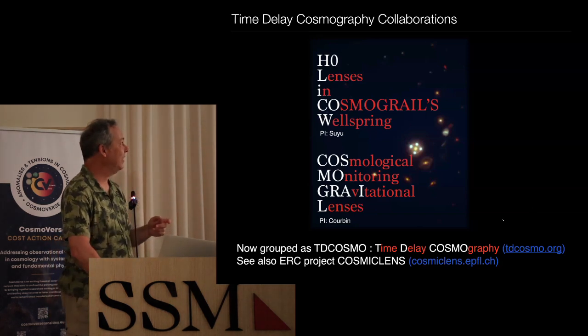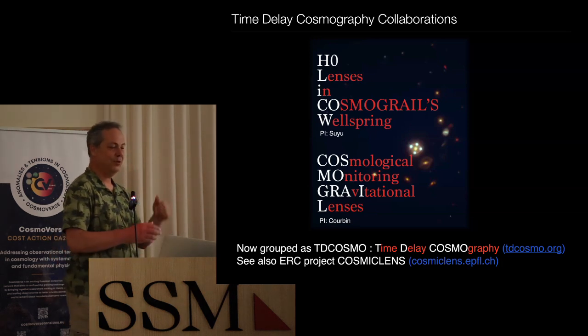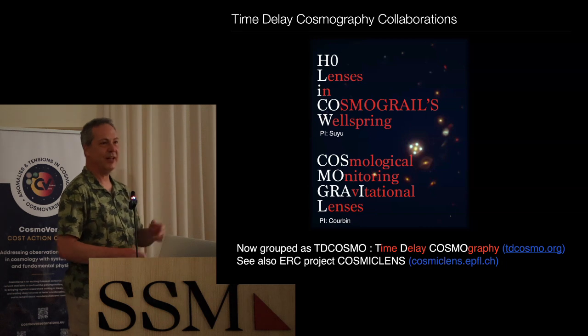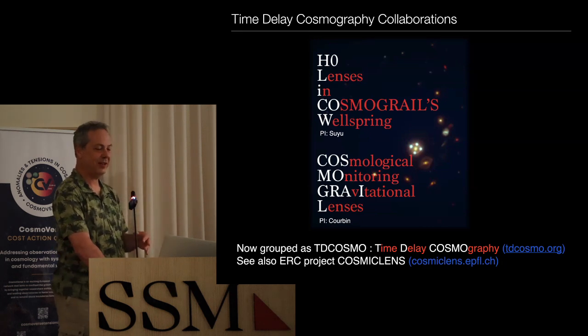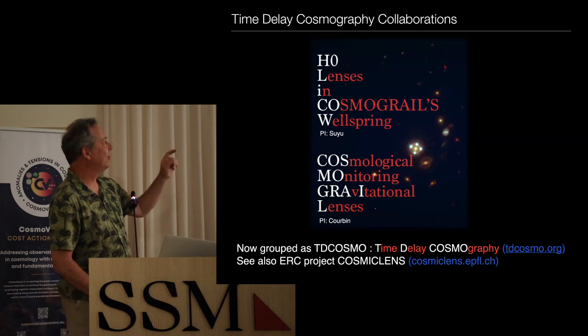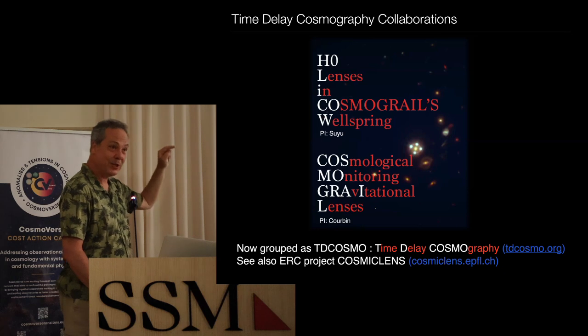So just for information, there have been a number of programs running. I started in 2004 with COSMOGRAIL. That was supposed to do time delays and models, H0 and so on. It was way more complicated than we thought, of course. So we measured essentially the delays here. And that was already hard. Then came H0LiCOW, led by Sherry Suyu. So it's H0 Lenses in COSMOGRAIL's Wellspring.